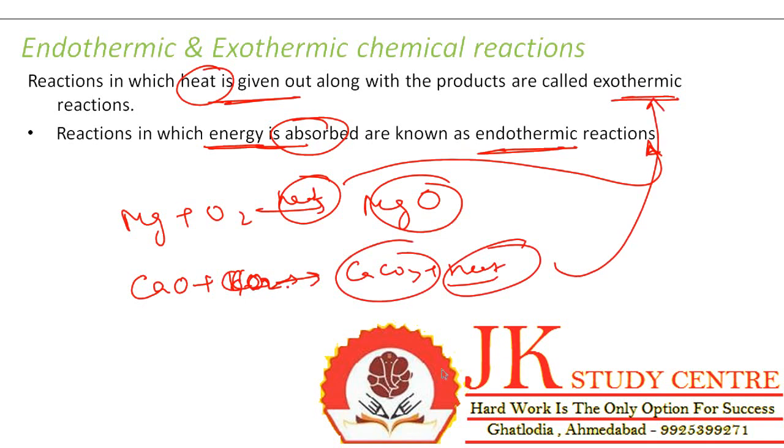So this is a different classification altogether, and these also fall under one of the five types. You may get a combustion reaction as exothermic, a synthesis reaction as exothermic, a decomposition reaction as exothermic, or a replacement or double displacement reaction as exothermic.